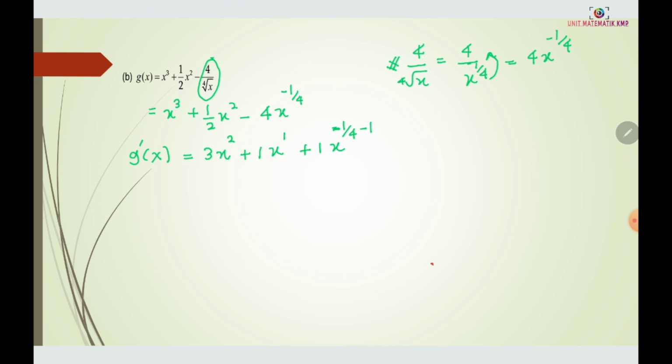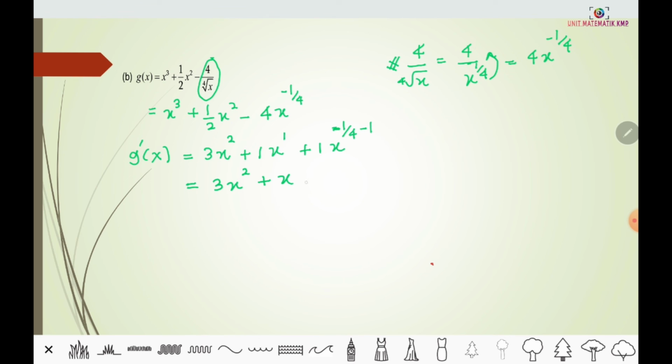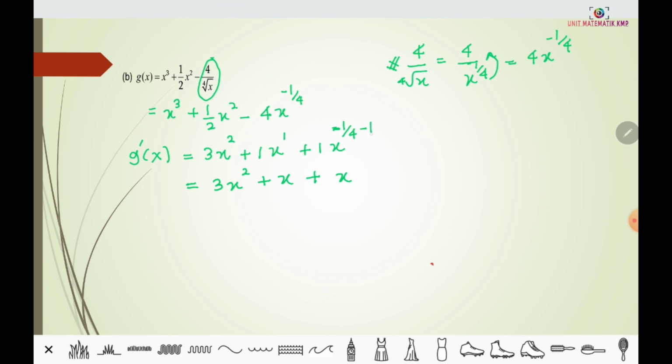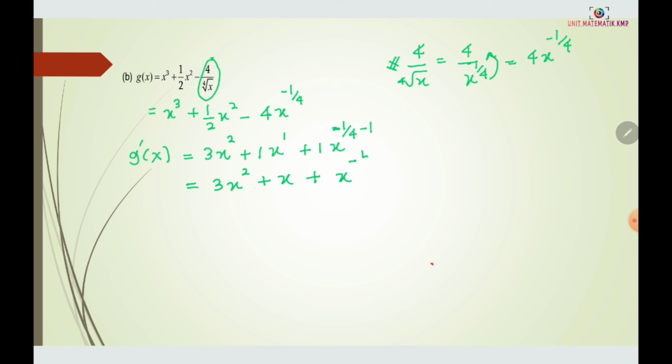It's actually 1 here is equal to 4 over 4 when we want to equate the denominator of the fraction. So negative 1 over 4 minus 4 over 4, so it becomes this 1 multiplied with x, so it does not change anything, and then x power of negative 5 over 4.